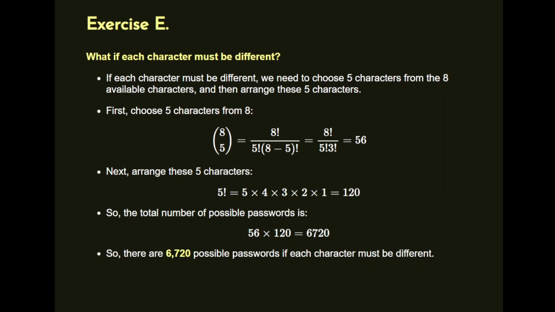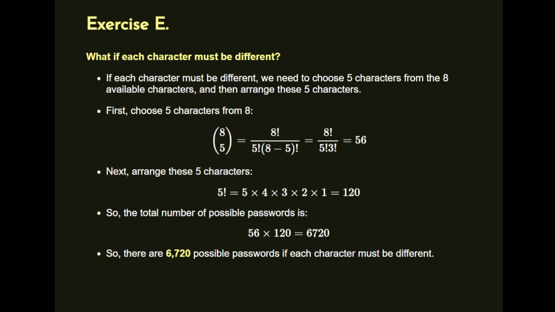Now what we have to do is arrange these characters. We have a set of 5 characters, but once we use one, we can't use it again. For the first part of the password, we have 5 characters to choose from. When we move on to the second, one is gone, so we have only 4.